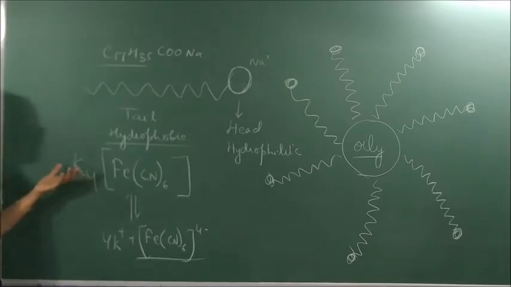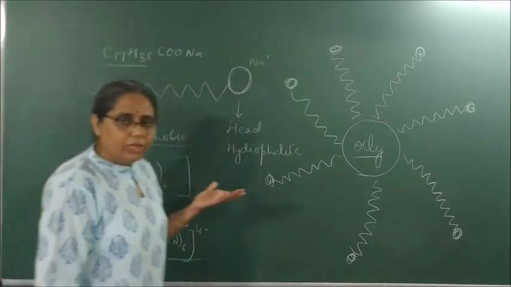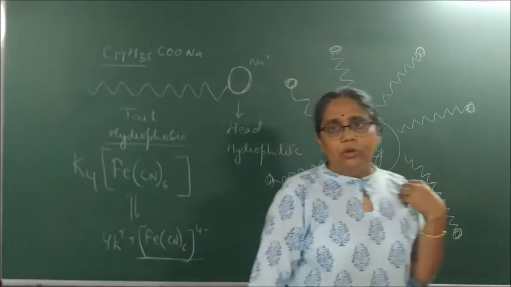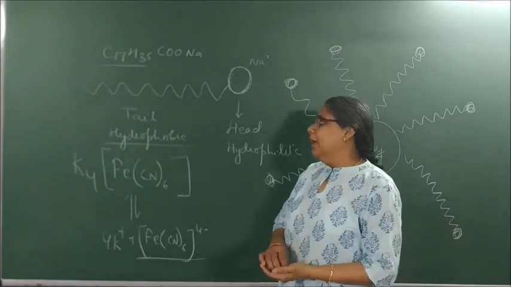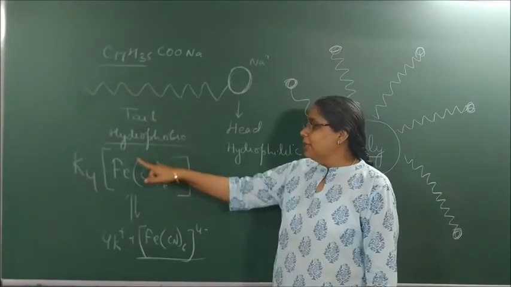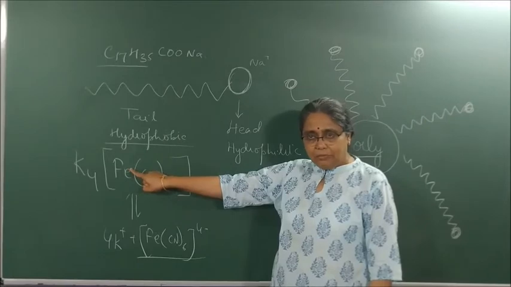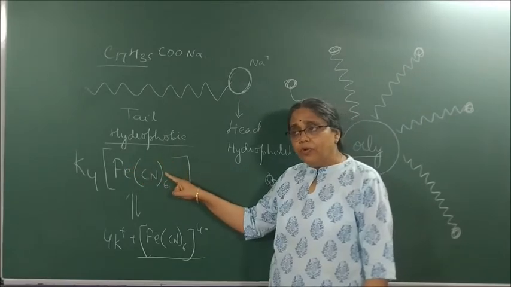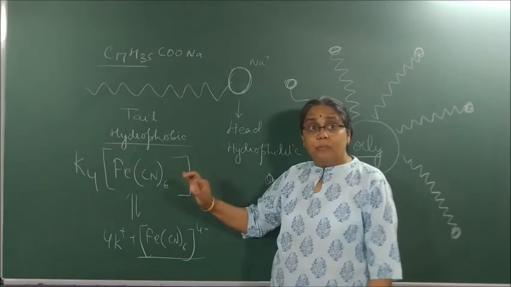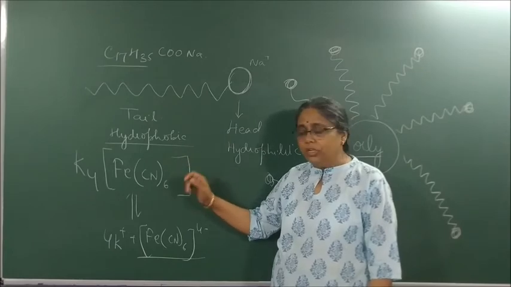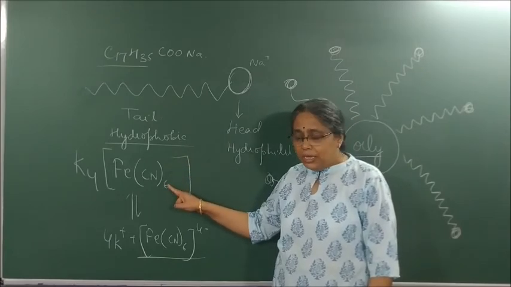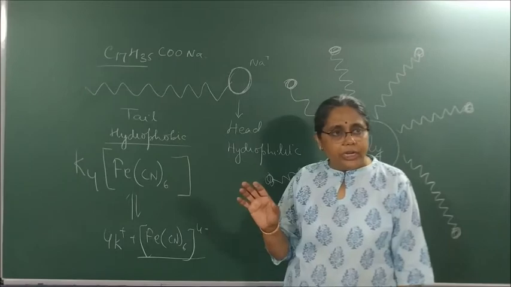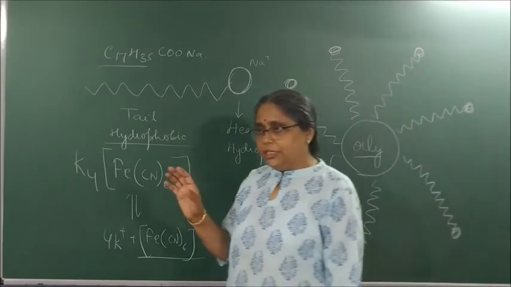Then we studied important terms in coordination chemistry. First is coordination entity. In a complex ion, there is always a central metal atom surrounded by a fixed number of donor atoms or ions, which are called ligands. This is called the coordination entity.